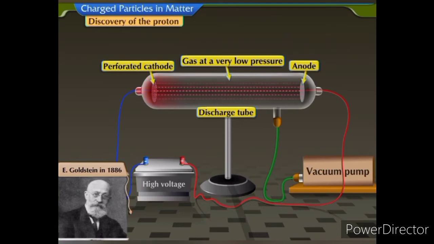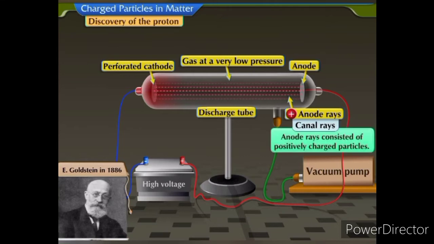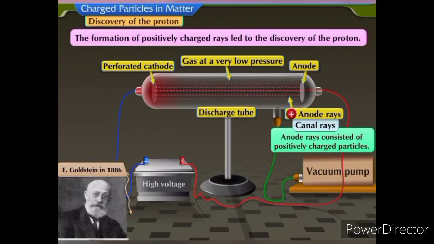They were called anode rays or canal rays. These rays consisted of positively charged particles. The formation of positively charged rays led to the discovery of another subatomic particle, the proton.